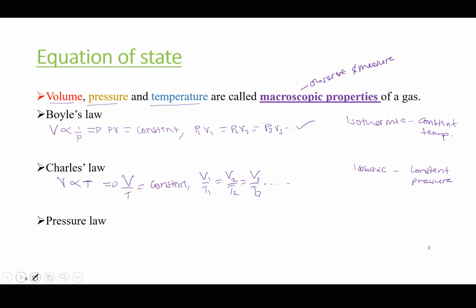Joseph was very interested in investigating the effect of pressure on temperature as long as the volume is kept constant. His observation showed that, as long as the volume is kept constant, the pressure of a fixed mass of a gas was directly proportional to the temperature, which therefore implies that pressure divided by temperature should be equal to a constant.